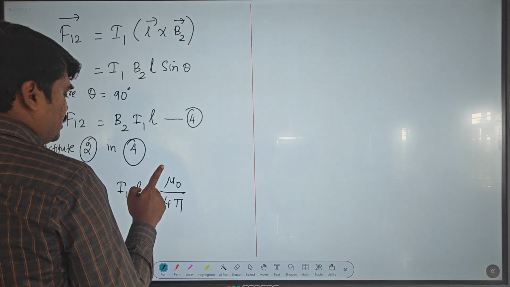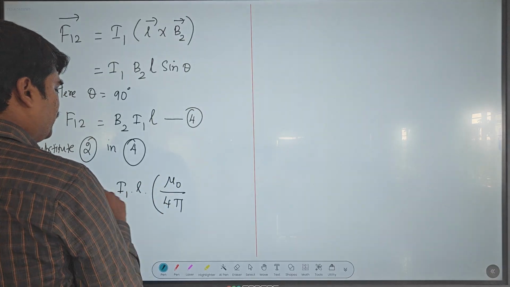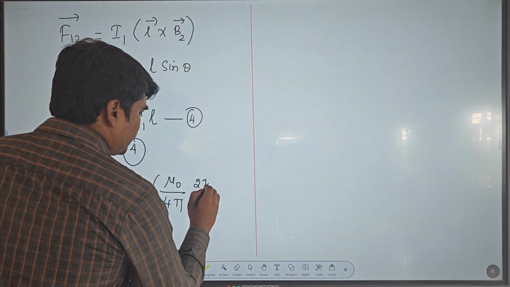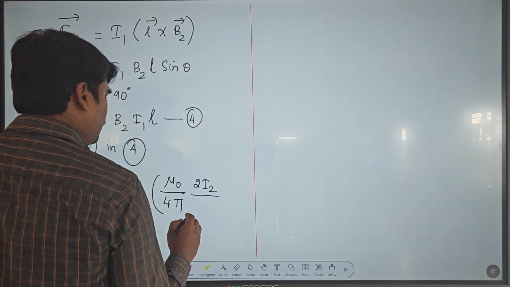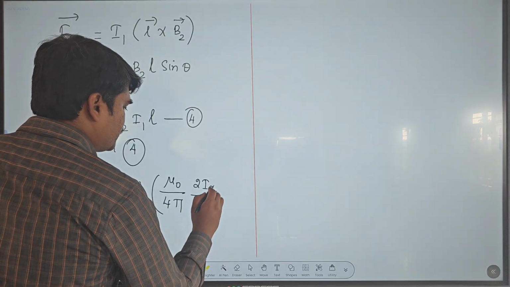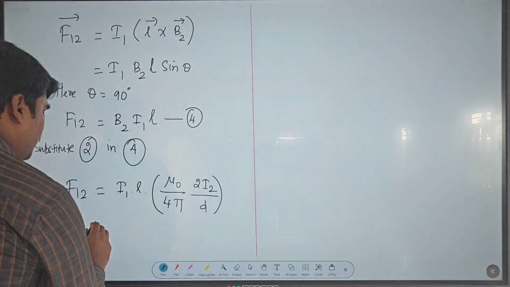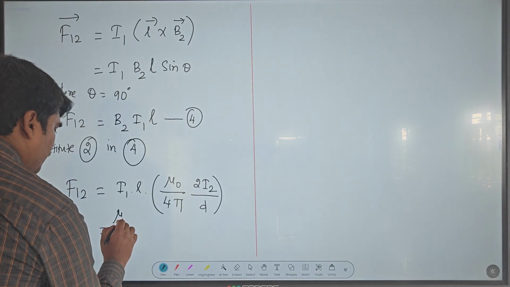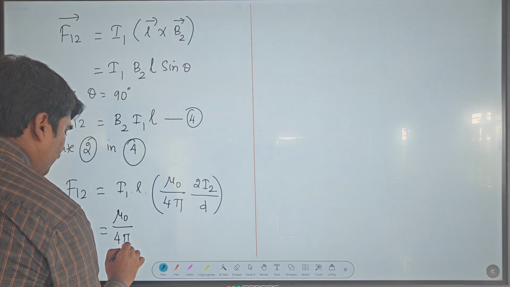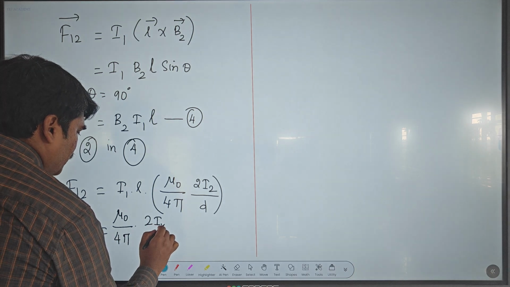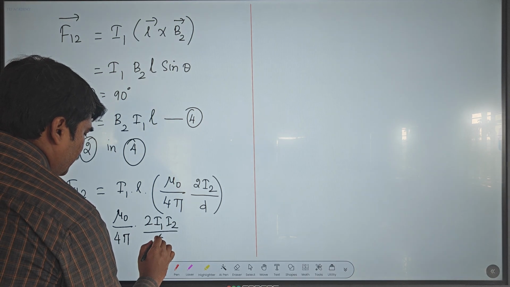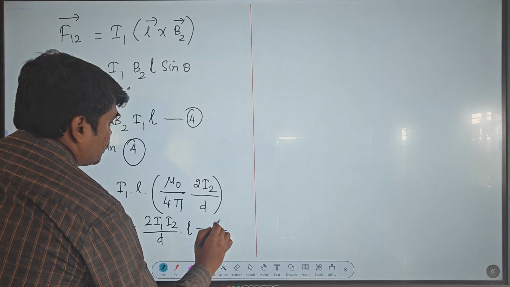Remember, the magnetic field acting on it will be due to the current of conductor 2, not 1. So 2 I2 by the distance D. Already we have derived this, I am just reminding you. Now if I rearrange it and write, this will be again mu naught by 4 pi into 2 times I1 I2 by D times L. So this is equation number 5.